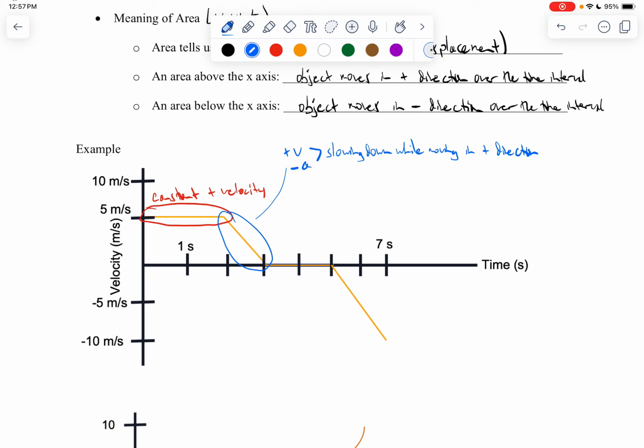And again, we could calculate the actual size of the acceleration by using our slope equation. For our next region here, again, we're going to be along our x-axis. We have a y value of 0. So our velocity is going to be 0 in this case. Basically means that we're not moving.